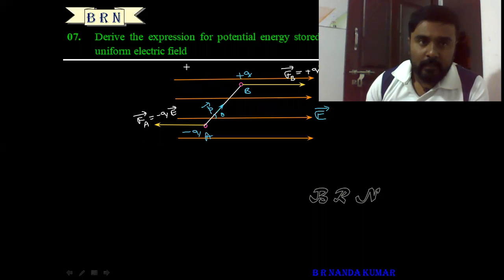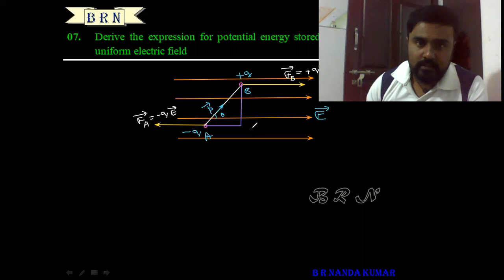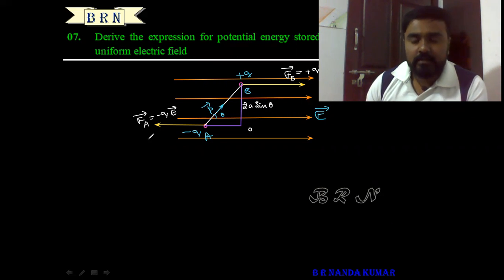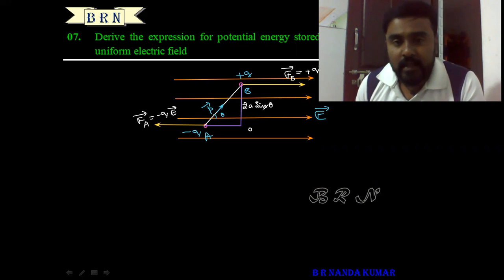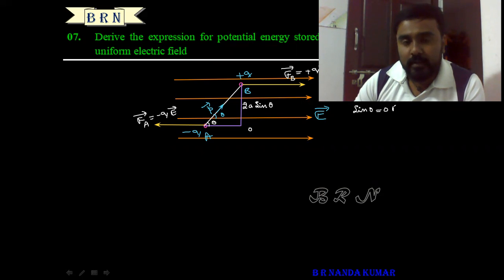So the perpendicular distance between the two forces is 2a sin theta. In triangle ABO, this is angle theta, because these two are corresponding angles. Sin theta is perpendicular OB divided by AB. AB is 2a, so OB is 2a sin theta.